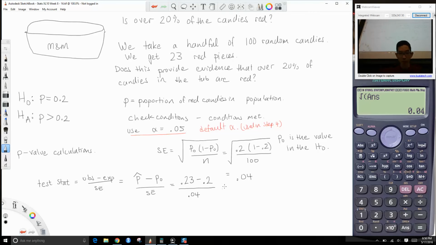Okay, so what I get is my test statistic is 0.75. Is that okay? My test statistic is equal to 0.75. So far, so good? I'm going to flip to the next page.